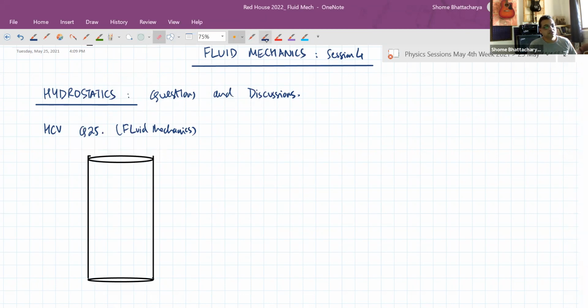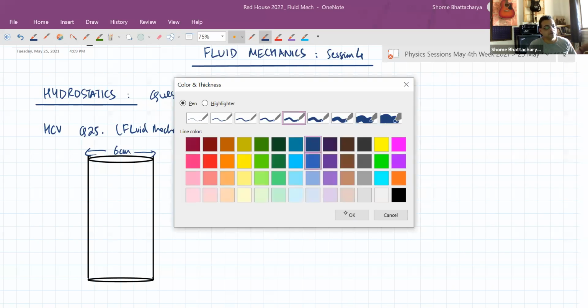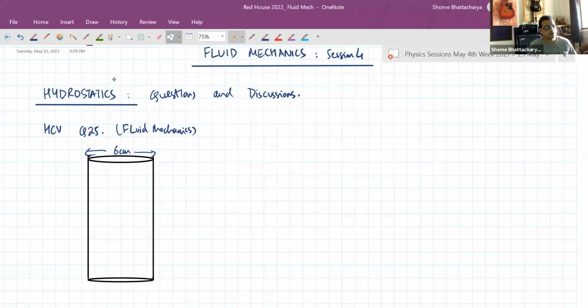And then what we are doing is placing an ice cube, a perfectly cubical block of ice of 4 centimeters edge length, in the container.